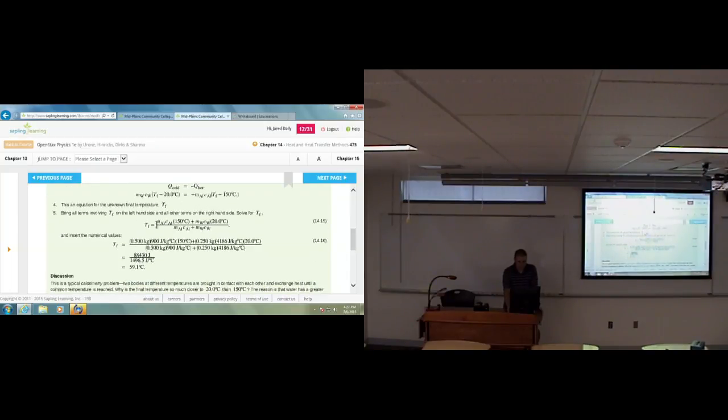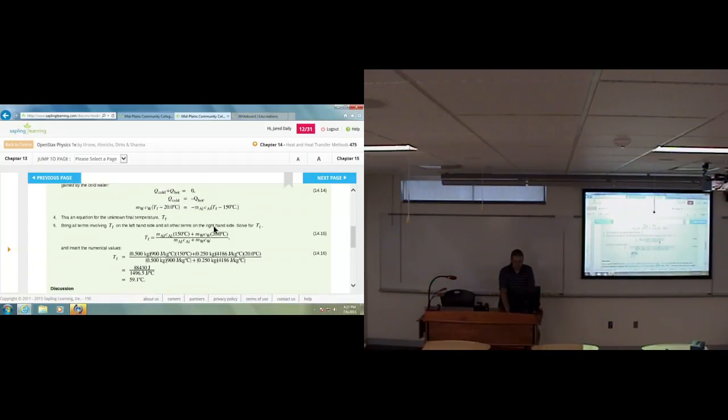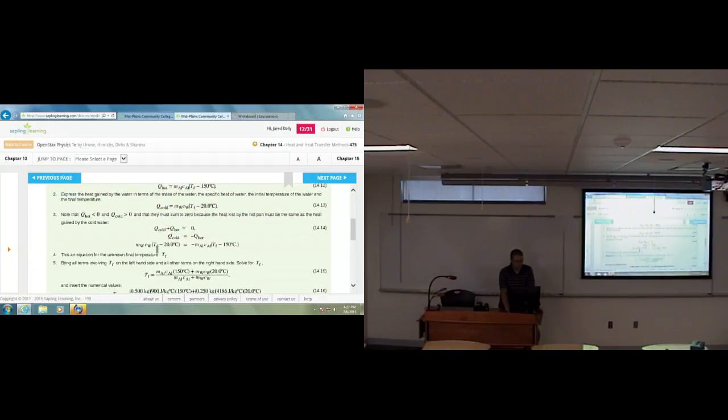You get an equation that looks kind of like this, and just plug in the numbers, and you can calculate that change in temperature. The final temperature is the same in each of these because they come to equilibrium. So you have one that goes from 20 degrees Celsius to final temperature, one goes from 150 degrees Celsius to final temperature. They're negatives of each other. So this one's a positive one, this one's a negative one, and they have different, of course, masses and different specific heats. Solving this equation is not trivial, it's kind of messy, but you can do that.